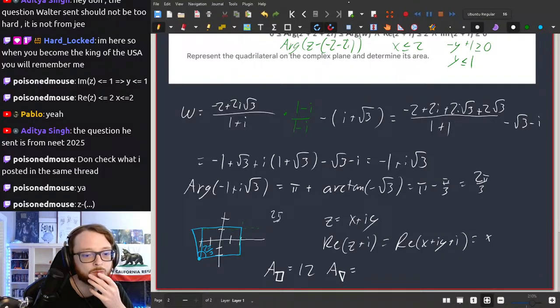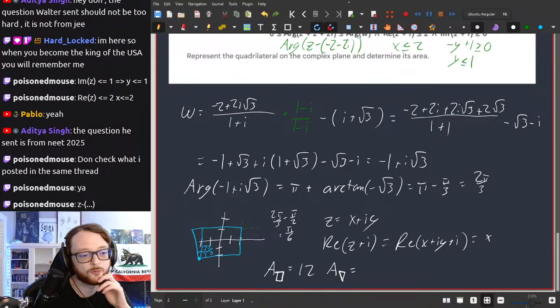2 pi over 3 minus pi over 2. It's an annoying number. Pi over 6. There we go. That's unit circle. 1/2 times height 3.